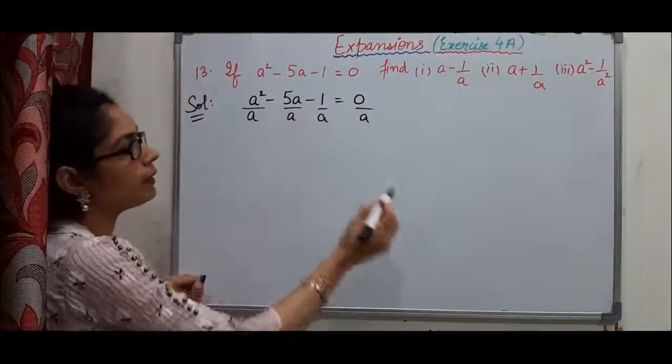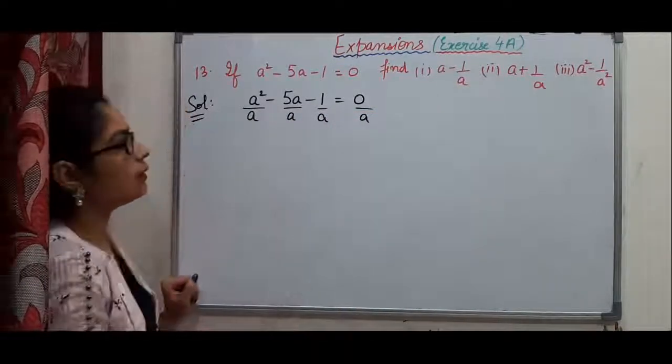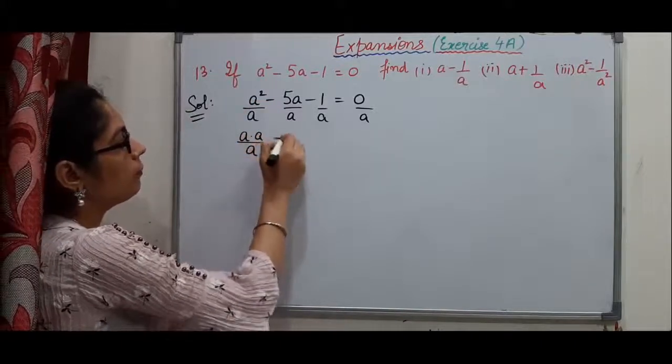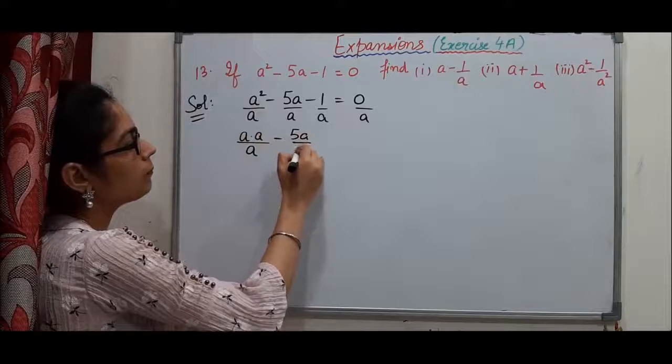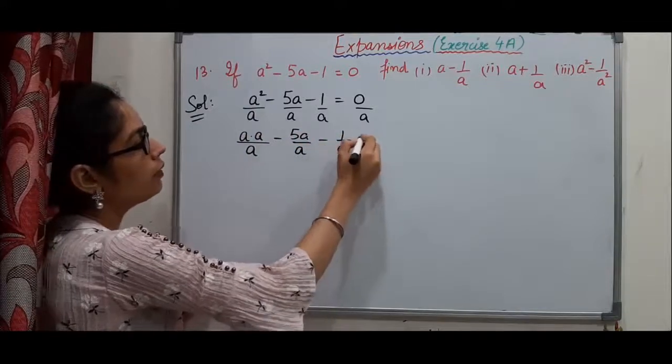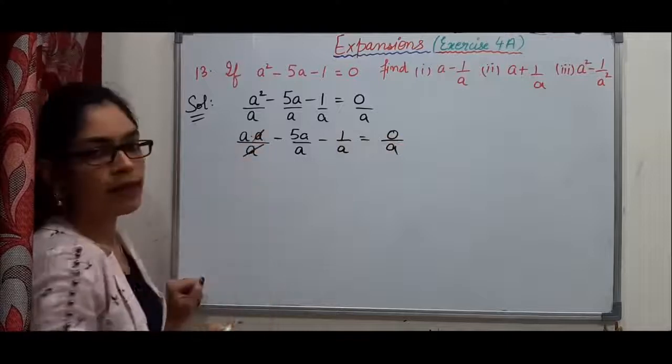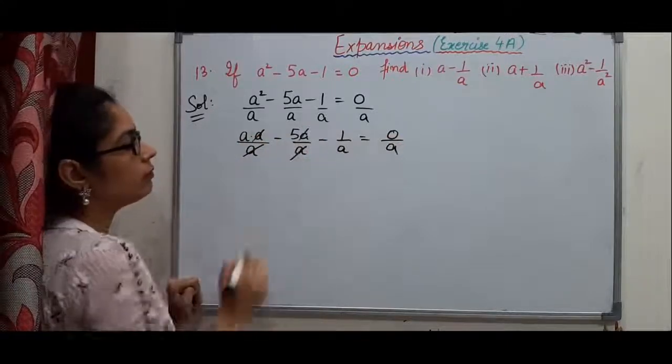Now this 1 by a we have got, you can see. Now a square is a into a by a, minus 5a by a, minus 1 by a is equal to 0 by a. One a will get cancelled, this a will also get cancelled.